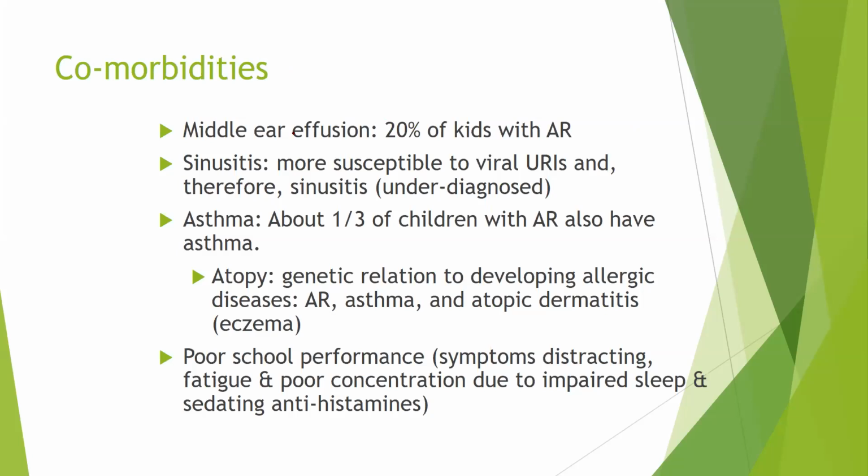Comorbidities. So a lot of times allergic rhinitis can cause clogging of that eustachian tube, and therefore you end up with increased middle ear infections. Sinusitis is also another sequela of allergic rhinitis. Asthma, so there's this triad, right, with children. The triad is asthma, eczema, and allergies.